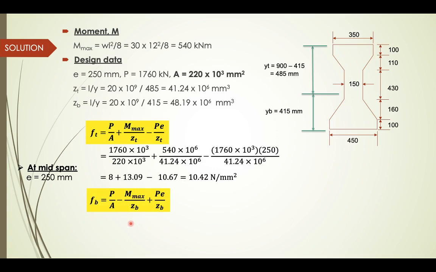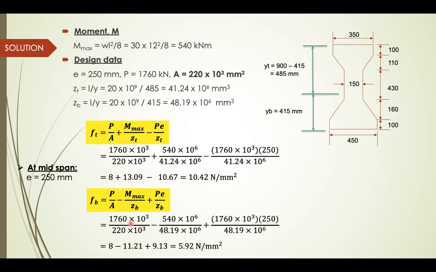Right, so there is some difference between these two values, where you can see here that the value of ZT is different, as compared to the example that we went through previously, where we only considered a rectangular section.